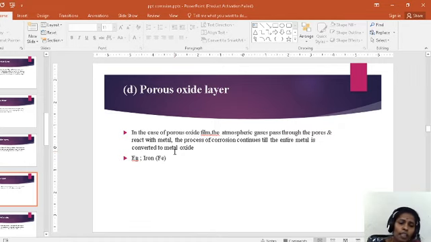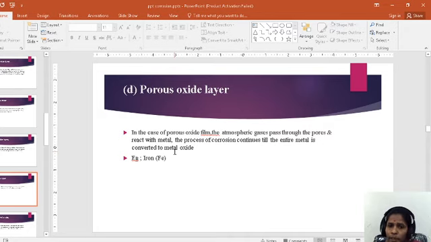So totally how many types of oxide layers are there? Totally four types of oxide layers: unstable oxide layer, stable oxide layer, volatile oxide layer, porous oxide layer. In the unstable oxide layer, the metal never undergoes corrosion. But in the stable oxide layer, the metal forms an oxide layer which strongly sticks on the surface of the metal and protects the metal from further corrosion.